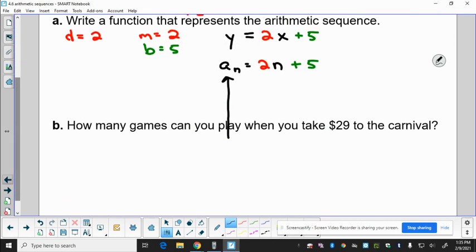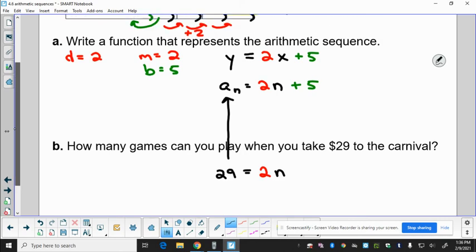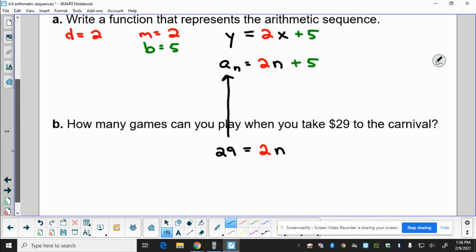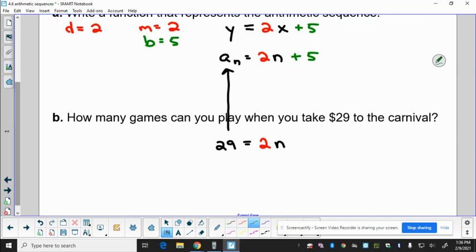Let's try that again. So this will be $29 is equal to 2, n, that n represents the game number. Okay, let's go back up here again. See that? The game number matches up with the dollar amount. And then plus 5.